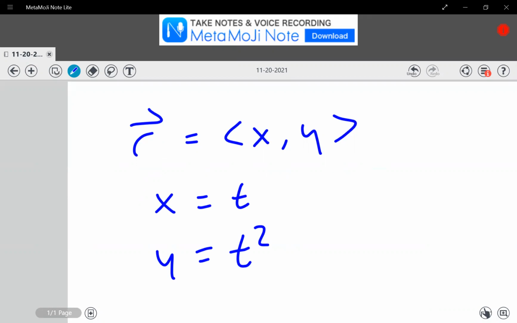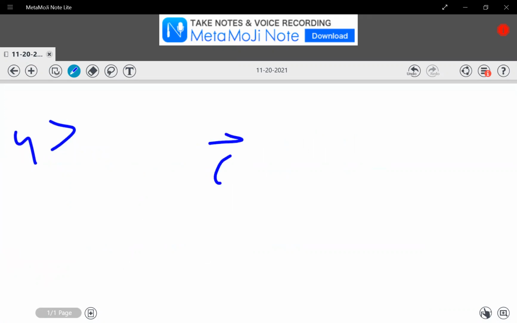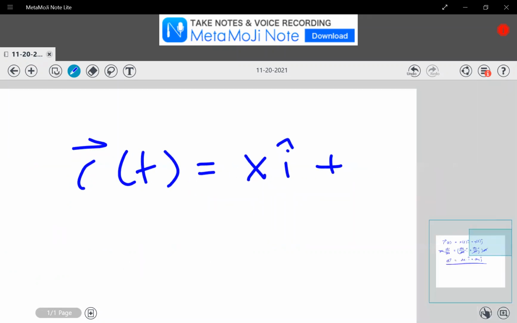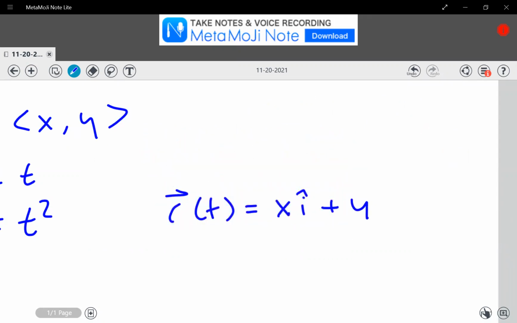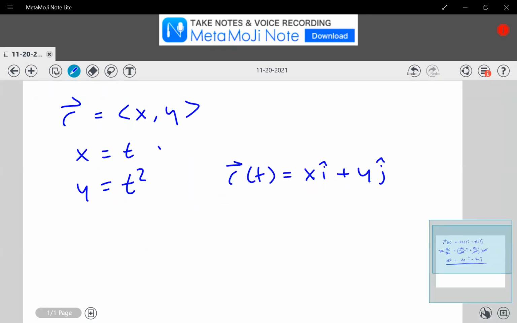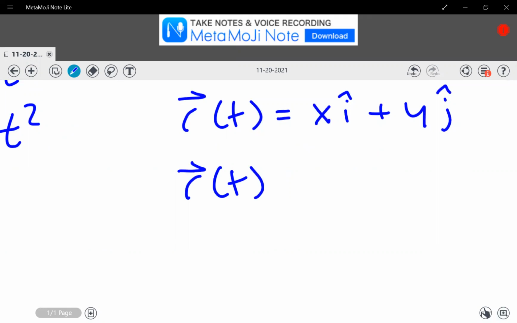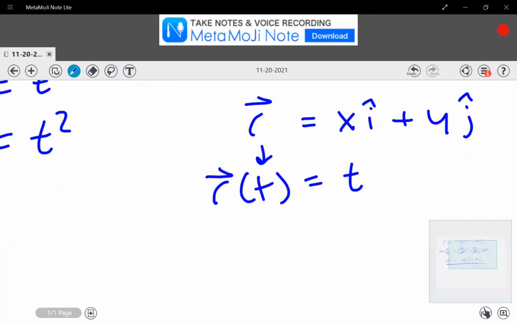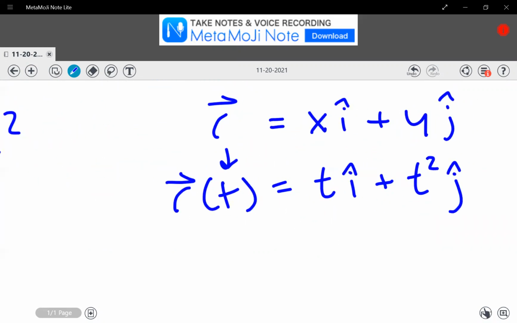So we're going to write this in our i hat j hat form, where r of t is going to be equal to x i hat plus y j hat, okay? This is what we define x and y as, so we can rewrite this as r of t equals x is just t, so t i hat plus t squared j hat.